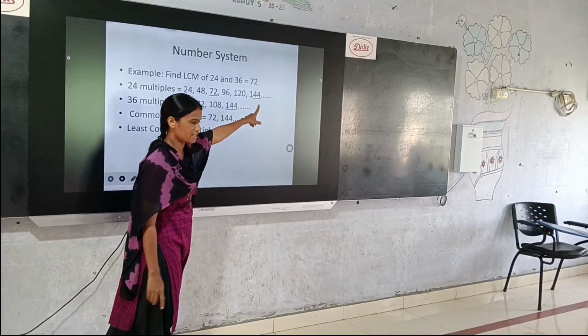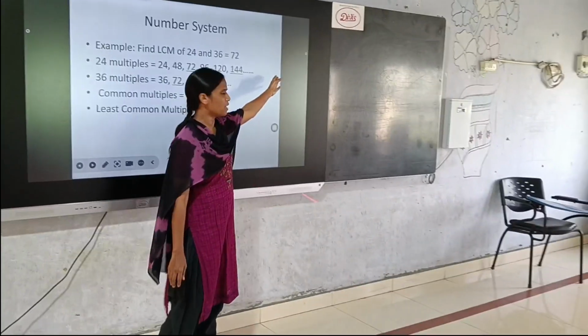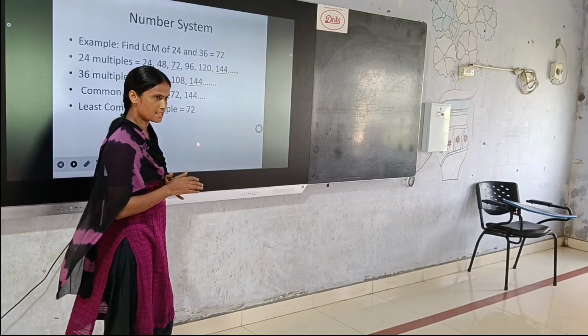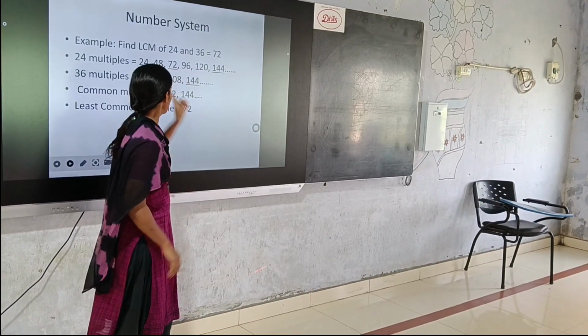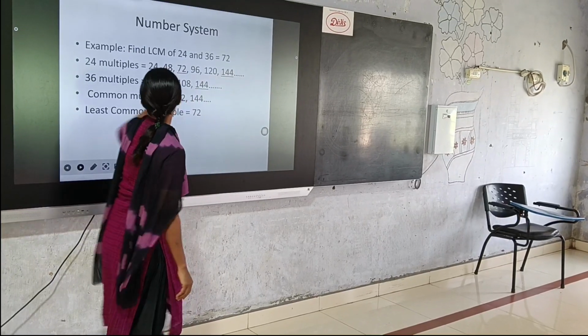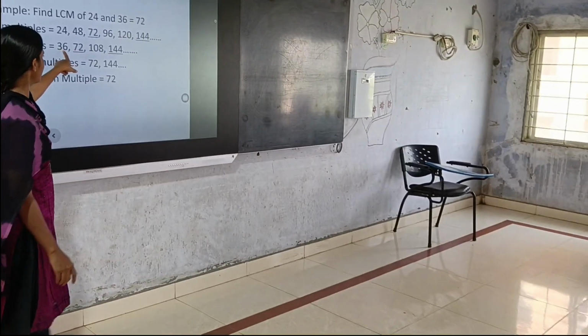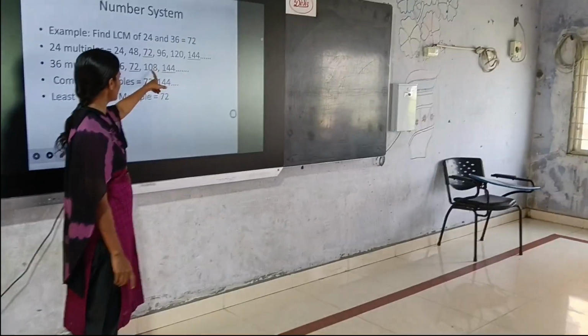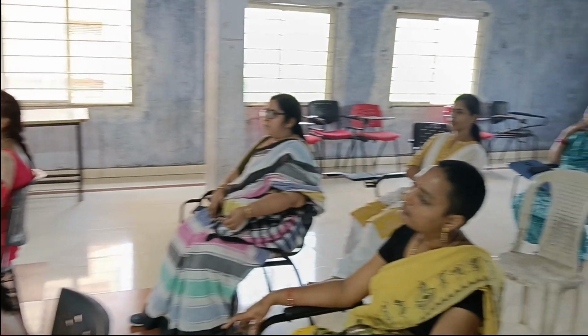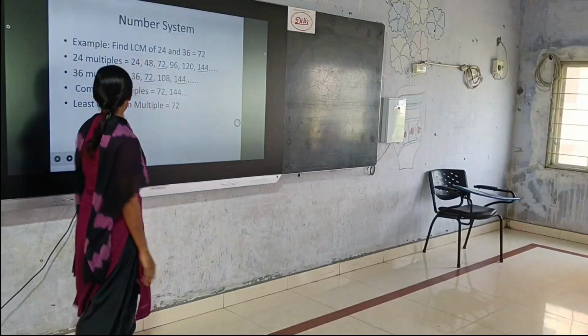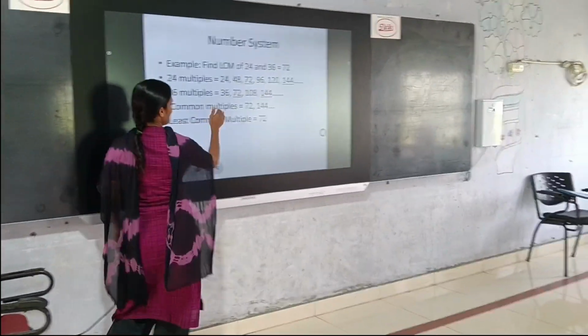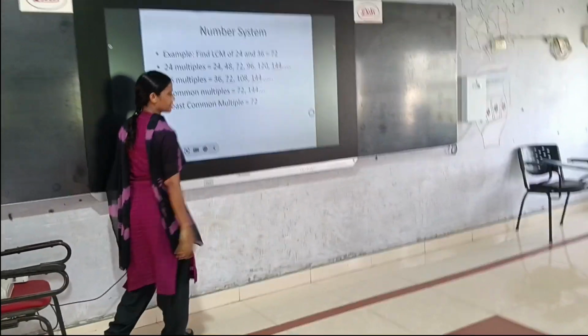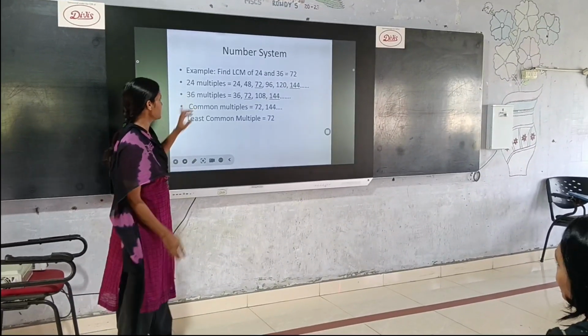We have to take many multiples, but factors are only a few. The multiples of 36 are 36 ones, 36 twos, 36 threes, and so on. We take the common multiples, which are 72, 144 and so on. Among the common multiples, the least common multiple is 72. This is the LCM.